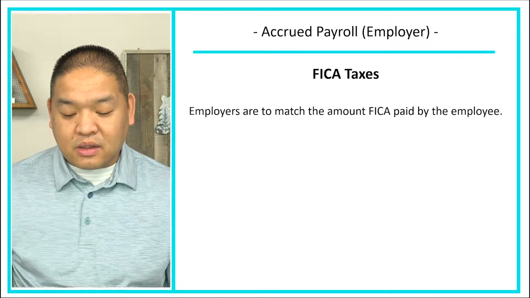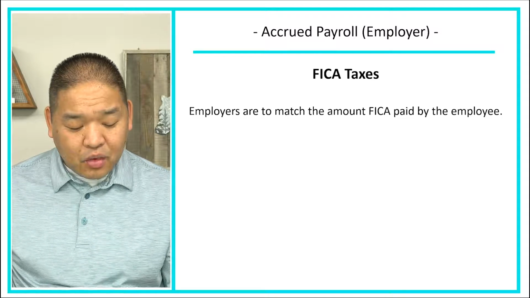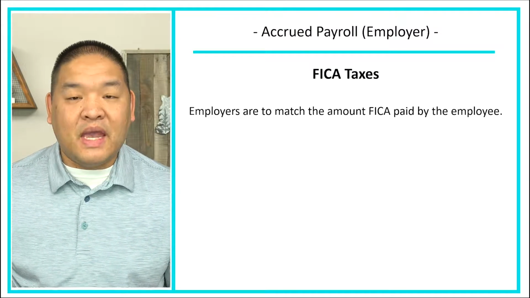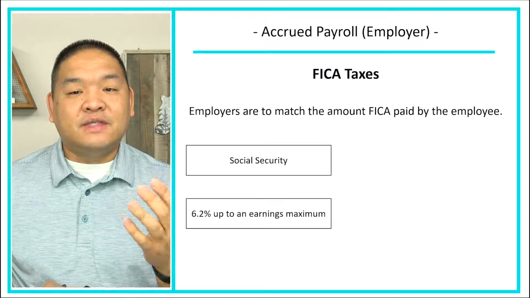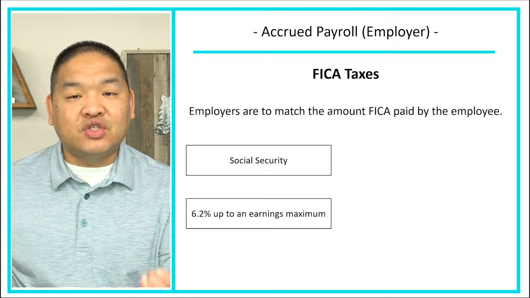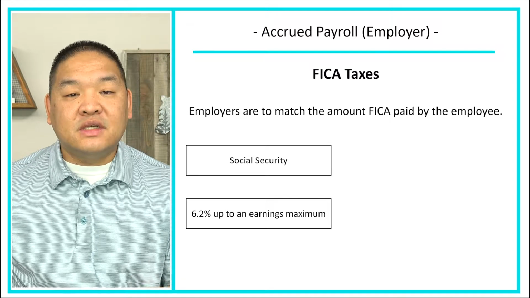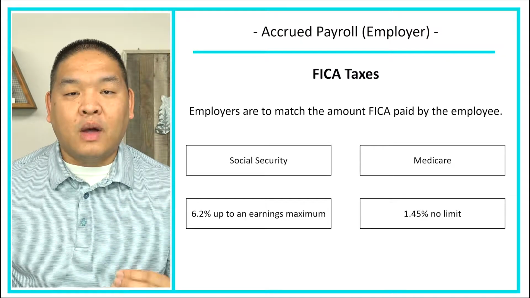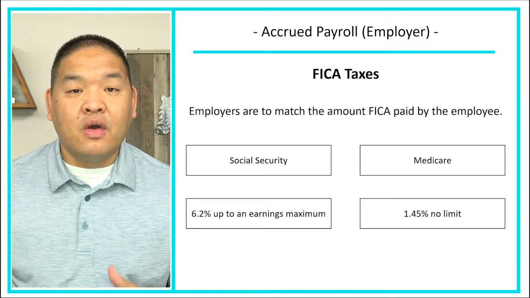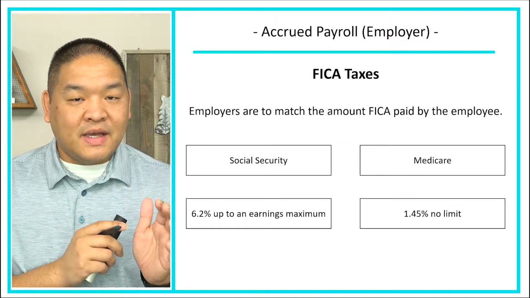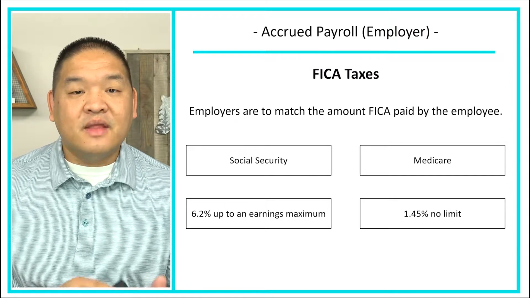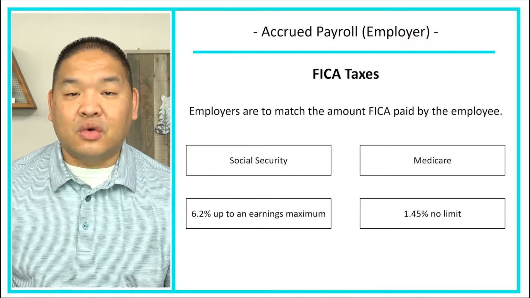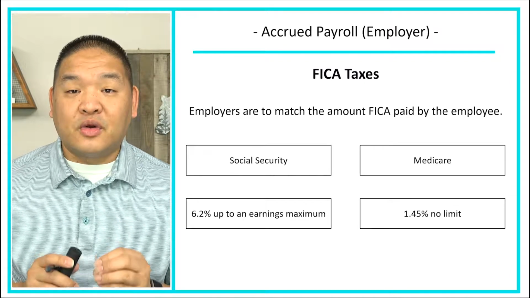Okay, so let's talk a little bit about the FICA. So employers are required by law to match the amount of FICA paid by the employee. So we've said that for the employee, they have to pay Social Security in the amount of 6.2%, and then Medicare in the amount of 1.45%. So just like the employee is going to pay 6.2% on their end, the employer is going to pay 6.2% on their end for a total of 12.4%.